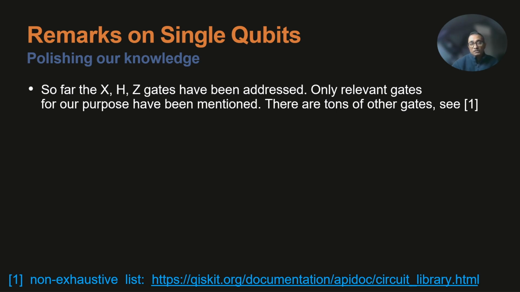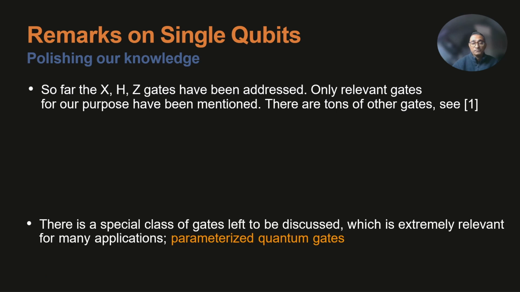Before we delve deeper, the single qubit gates we have seen so far, like X, the Hadamard, the Z gates, etc., are quite useful, but their purposes are also very limited. And they are not the only gates. If you look at the list provided below, you will find many other gates which have one function or the other and bring in value during the calculation.